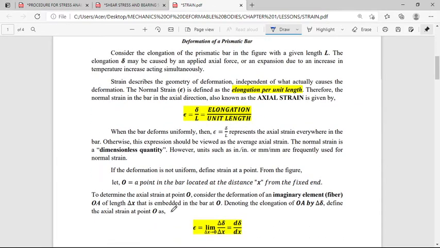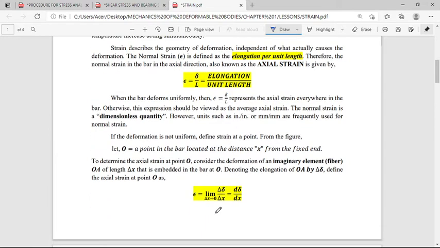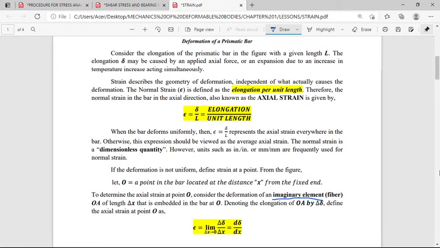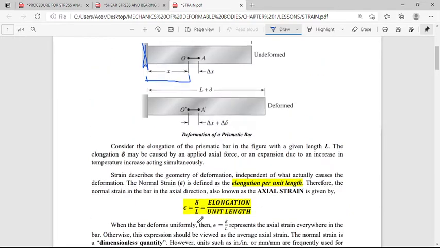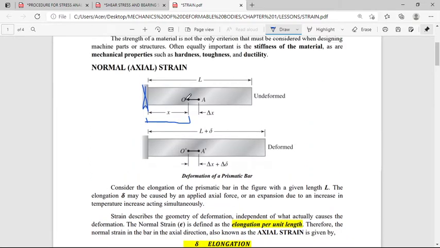So, to determine the axial strain at point O, kailangan i-consider yung deformation ng isang imaginary element or a fiber. Kuha ka daw ng isang piraso ng hibla niyan, fiber OA. Kumuha daw siya ng OA. Tignan nyo mabuti.